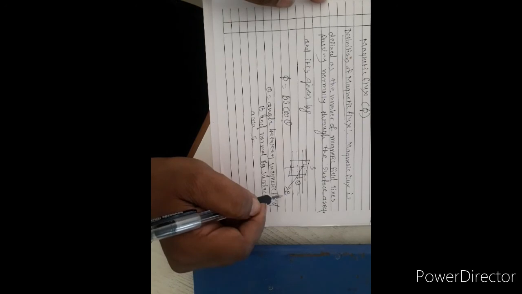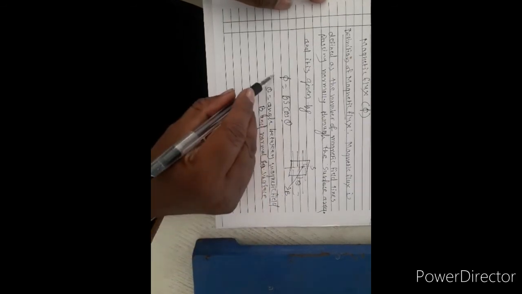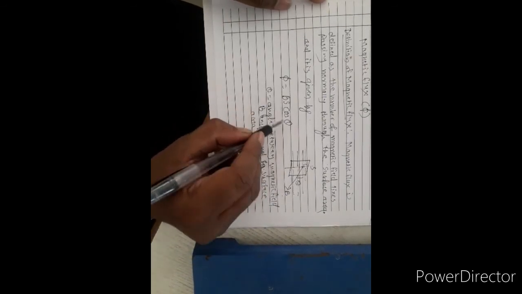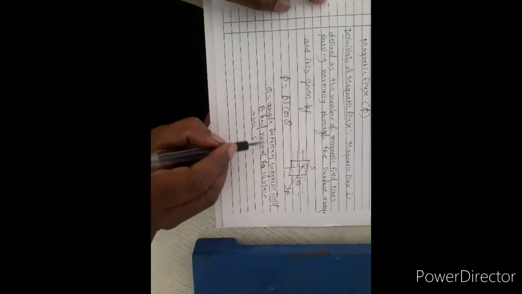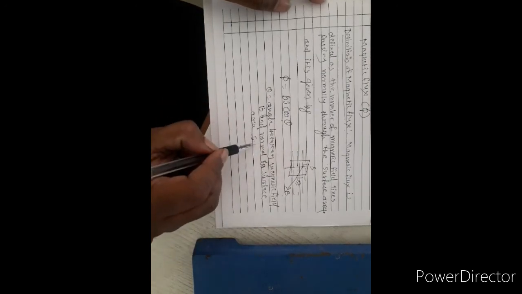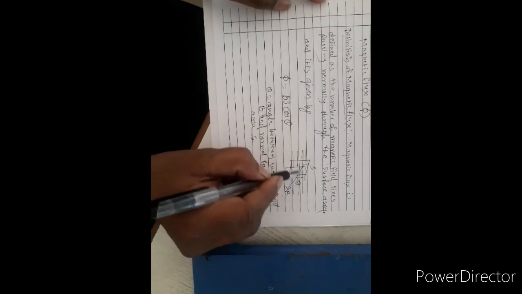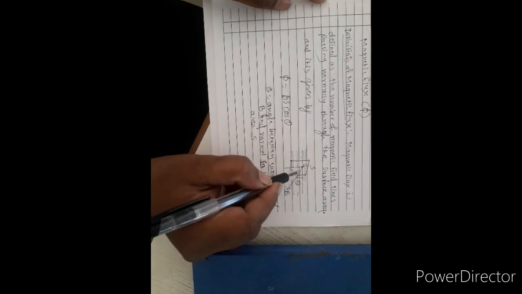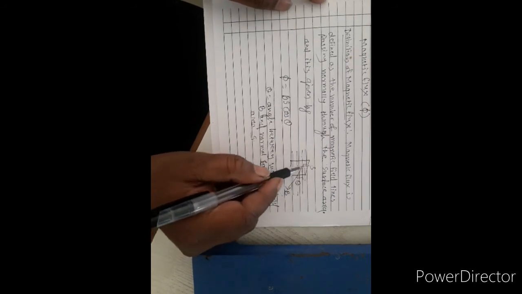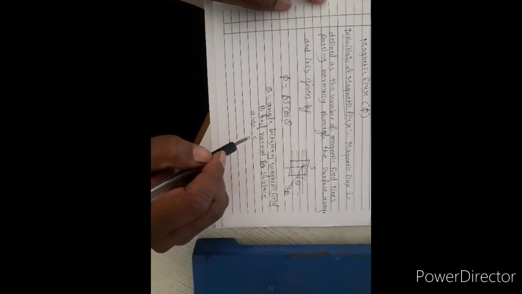So this is the direction of the magnetic field. So phi is equal to B S cos theta, where theta is the angle between the magnetic field and the normal to the surface area S. Normal means making a 90-degree angle with the surface area.